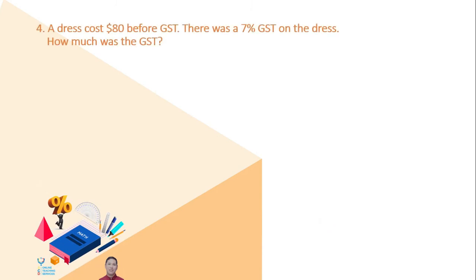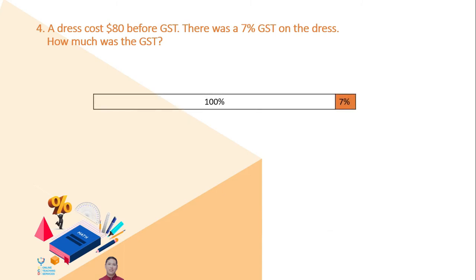Another example: a dress costs $80 before GST. There was a 7% GST on the dress. How much was the GST? The 100% is represented by the bar, and that is amounting to $80. And there is an added 7% for the GST, which is represented by the shaded region with the orange color.